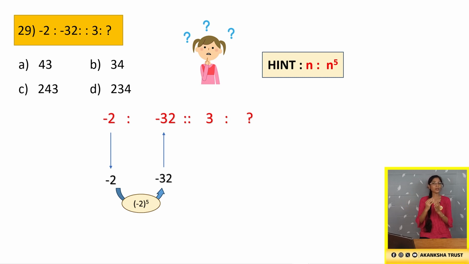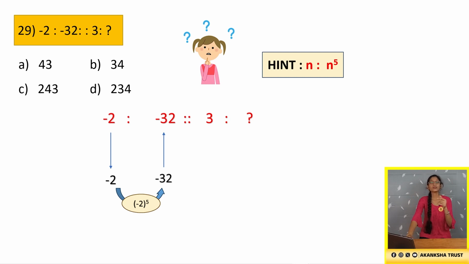So minus 2 into minus 2 into minus 2, multiplying 3 times, we get minus as the answer. 3 times means odd number. Whenever you multiply an odd number of times, you get the same sign. So multiplying minus 2 five times, 5 is an odd number, so we get the same sign, that is minus 32.